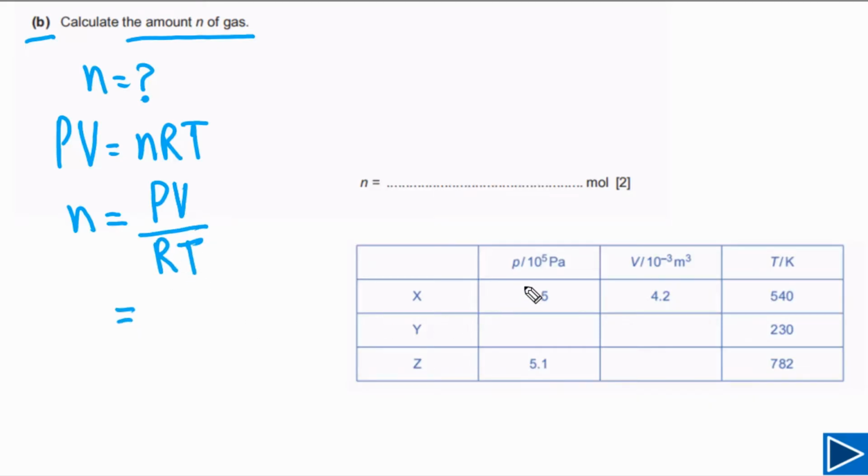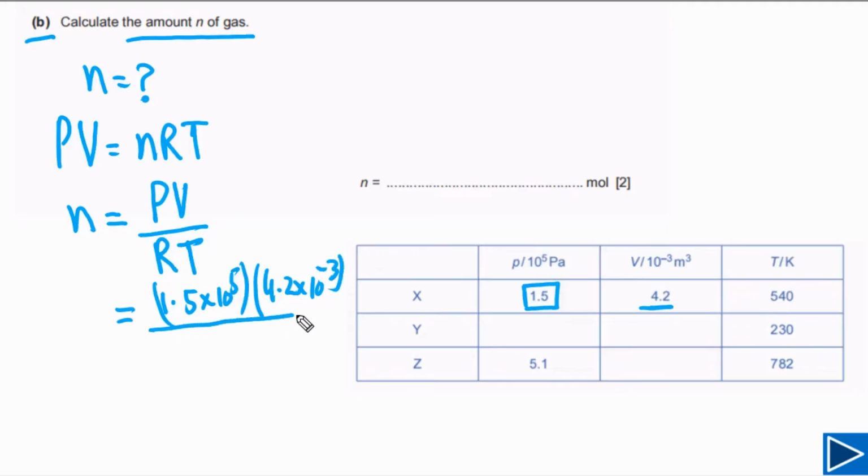For this ideal gas, the value of P is given to us. So we can plug in values now. P is equal to 1.5 times 10 to the 5, multiplied by V, and the value of V is given, 4.2 times 10 to the negative 3, divided by the gas constant, 8.31 joules per mole per Kelvin.